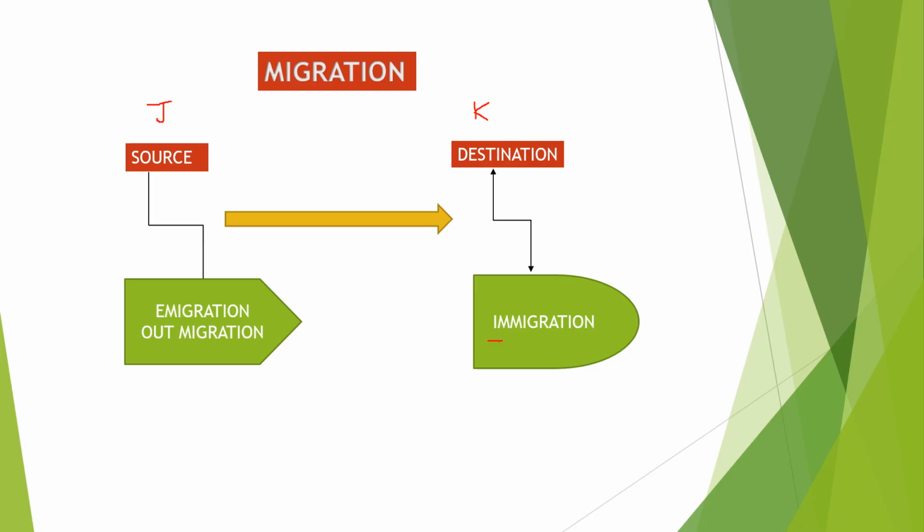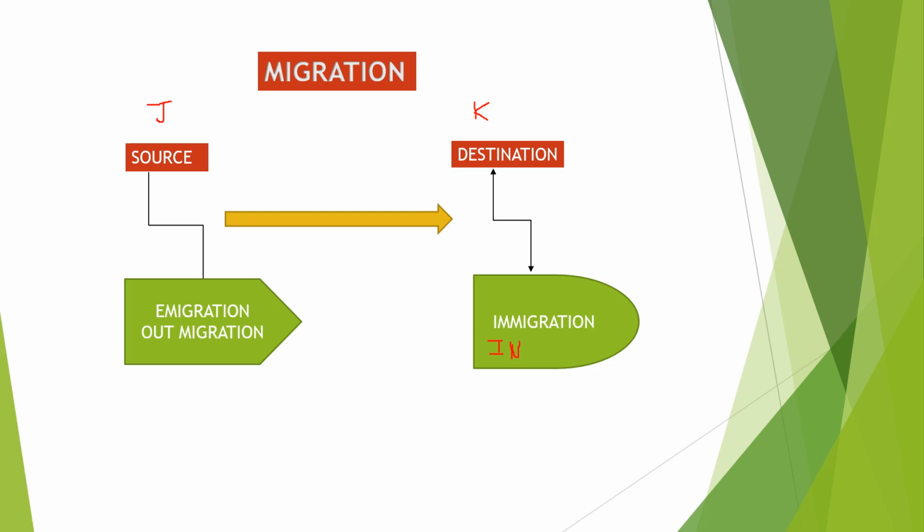Immigration means in migration. What are emigration and immigration? Emigration means the place from where you are going. From there it is emigration, out migration. And immigration means where you are entering. In means incoming, that means you are coming to somewhere else.